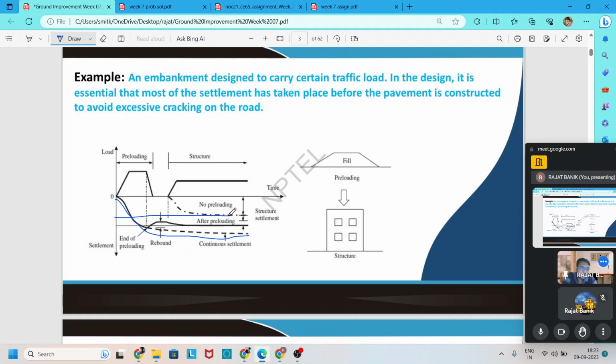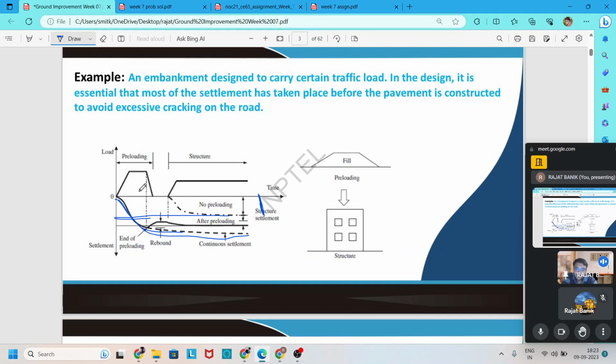If you see in the slide, I drew a horizontal line up to that. We apply the preload greater than this settlement because we need to take care of up to this much. So we always apply preload for the time being when the settlement is greater than our actual needs.